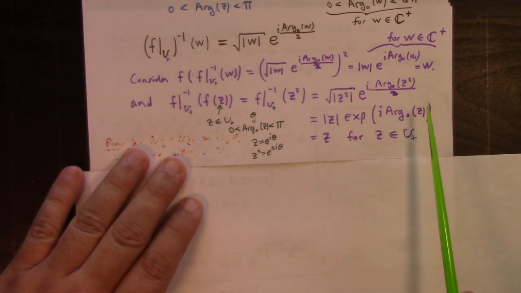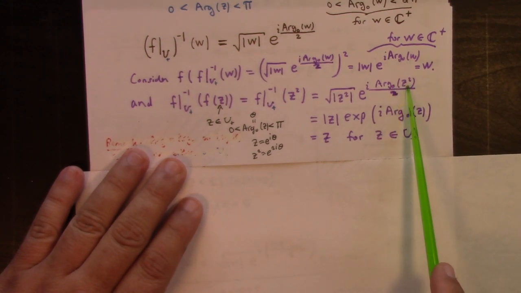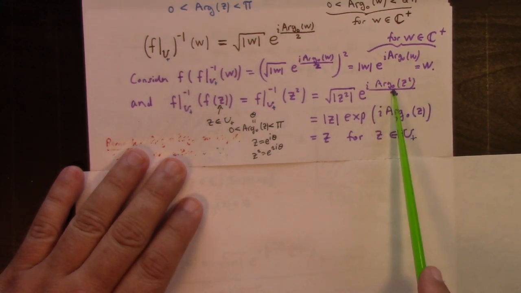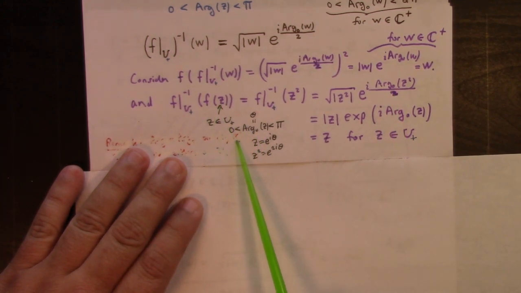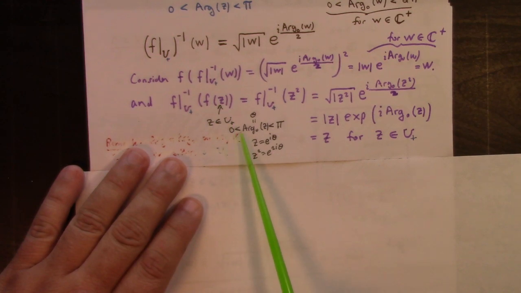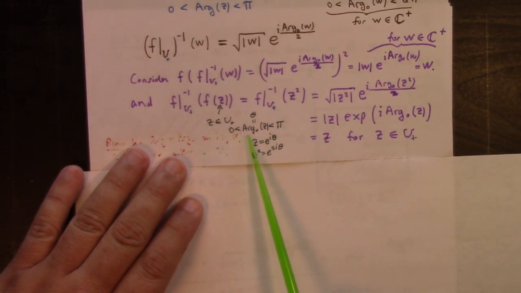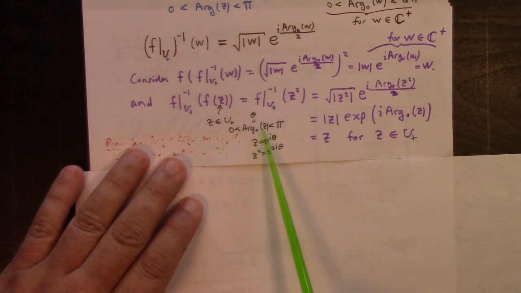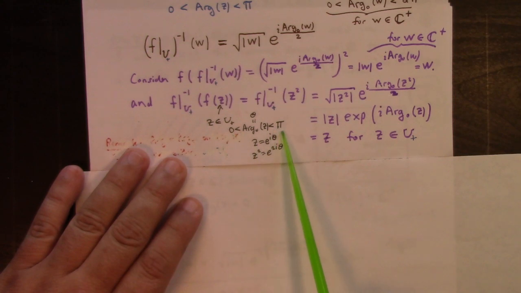And here there's kind of a subtle point, which is that if you were taking arg sub naught of z squared, if instead of having arg naught, you had arg of z squared here, let's suppose you just had the principal argument. Well, if z is coming from U plus, that means if we write z is equal to the modulus of z times e to the i theta, then the principal argument is ranging from, I suppose, 0 to pi.